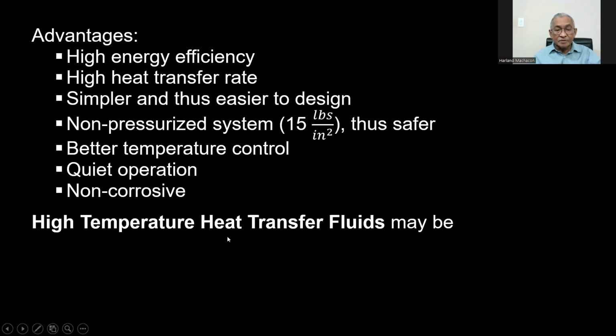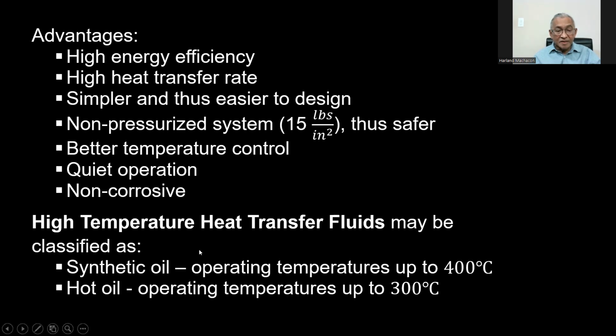High temperature heat transfer fluids may be classified as synthetic oils, operating at temperatures as high as 400 degrees Celsius, and the hot oils, operating at temperatures up to 300 degrees centigrade.